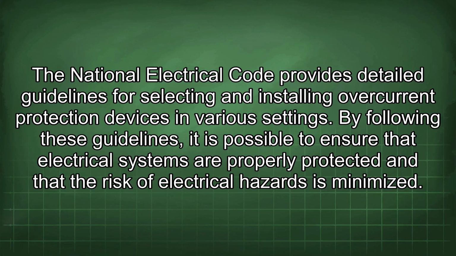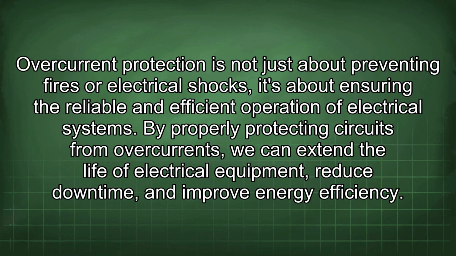By following these guidelines, it is possible to ensure that electrical systems are properly protected and that the risk of electrical hazards is minimized. Overcurrent protection is not just about preventing fires or electrical shocks, it's about ensuring the reliable and efficient operation of electrical systems. By properly protecting circuits from overcurrents, we can extend the life of electrical equipment, reduce downtime, and improve energy efficiency.